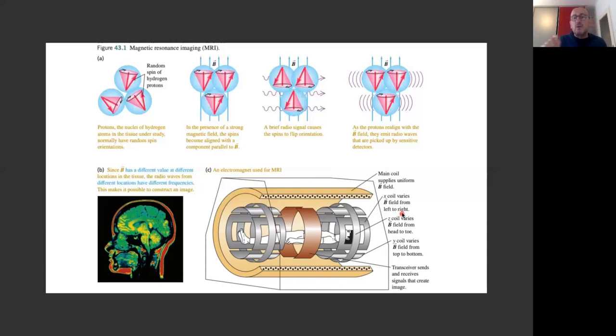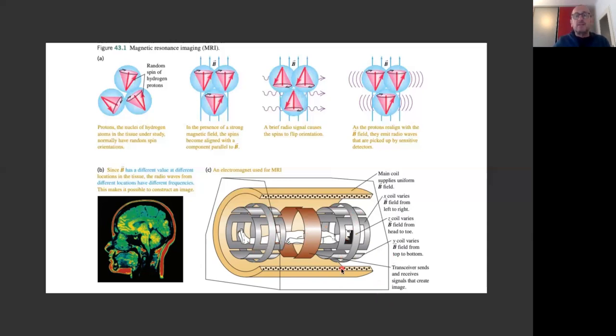And for the small gradients, you really have to be very good at designing these added coils. They're usually superconducting coils. That's why you need liquid helium for these machines to work properly.